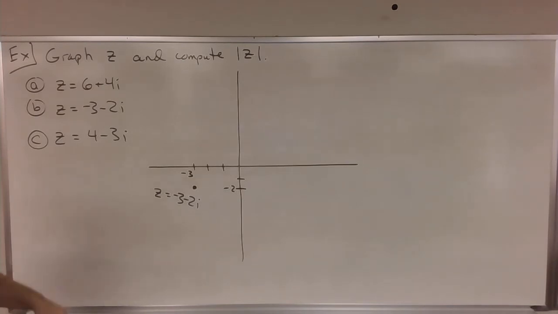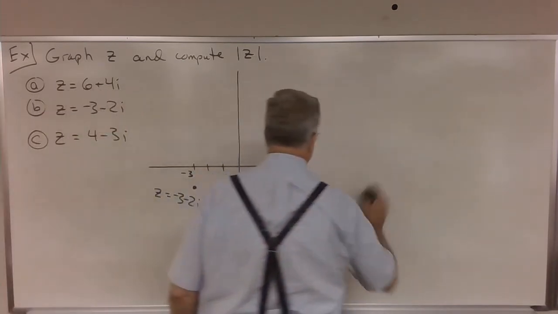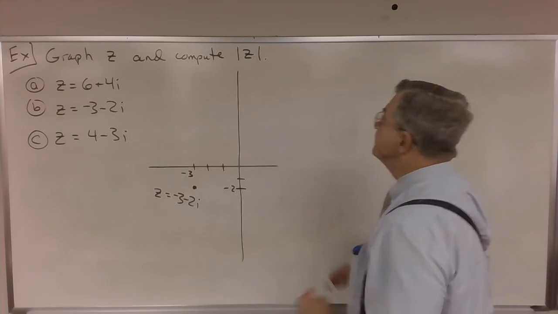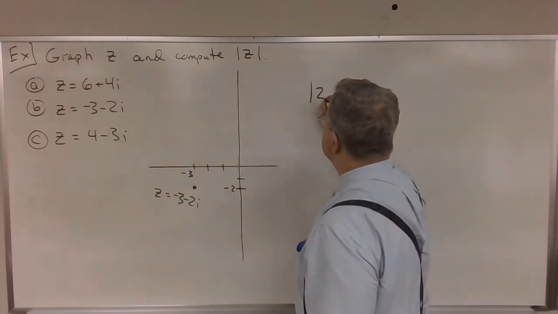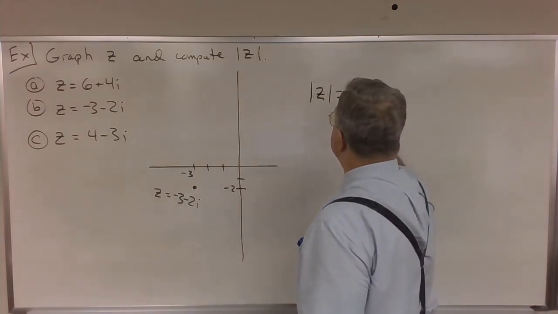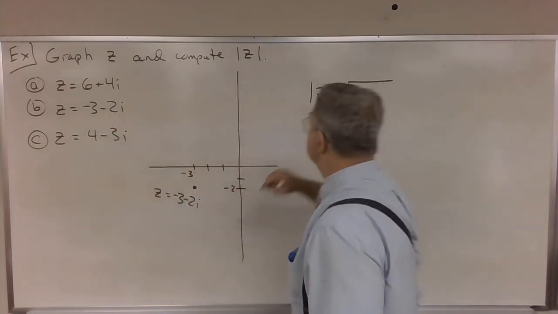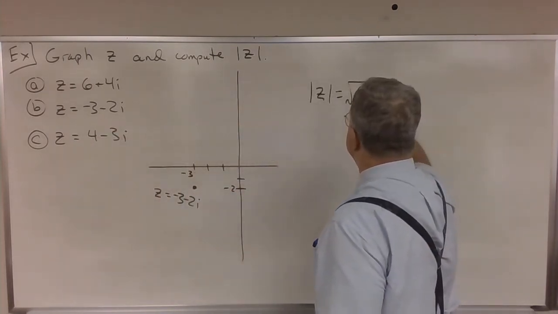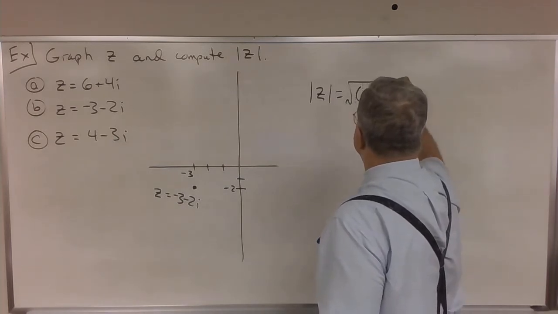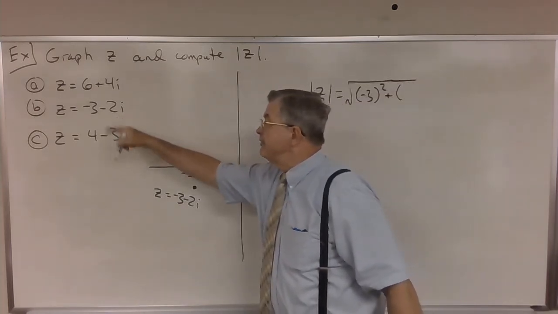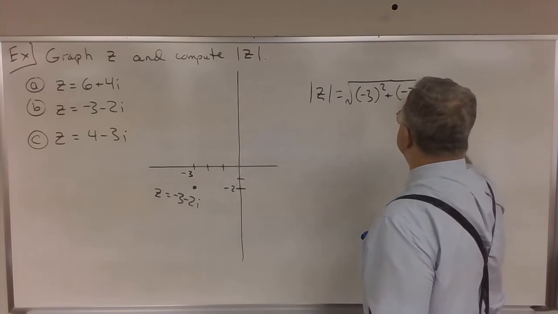Now we have to compute the modulus of z. And that's the square root of the real part squared, -3 squared, plus the imaginary part squared.